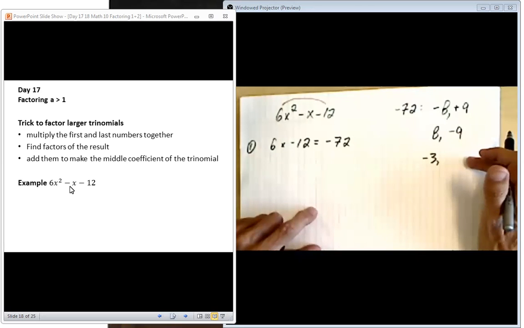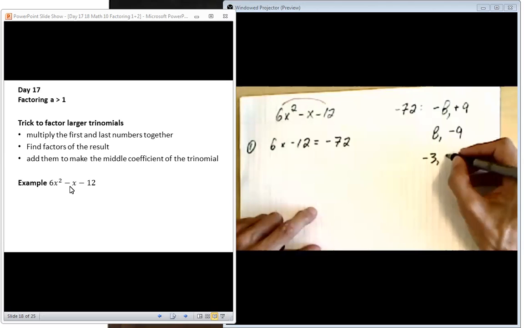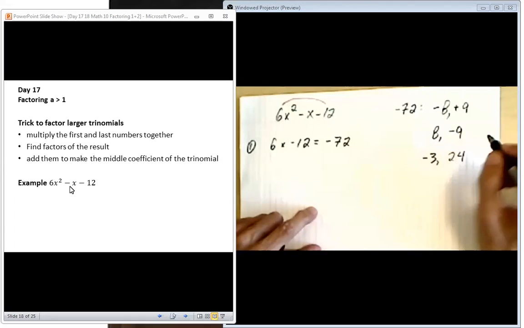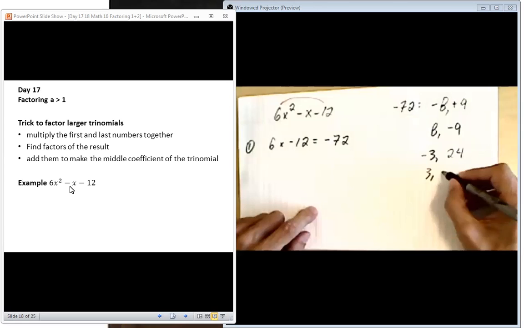I think Yo-Yo got it right there off the bat. 24 can make that work there. Nicely done. Casio coming second, right? Or 3 and negative 24 like that.